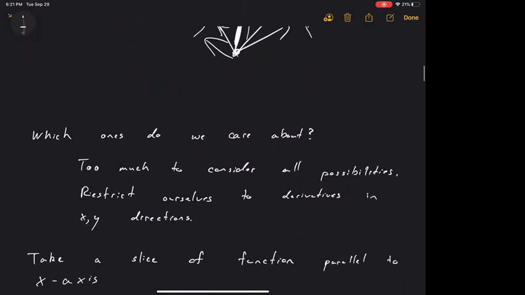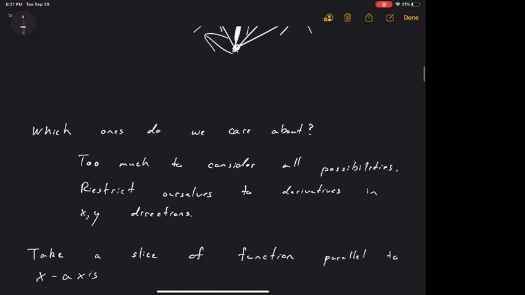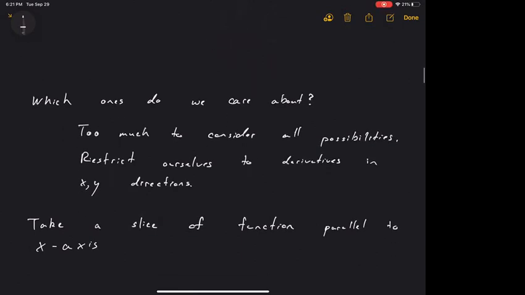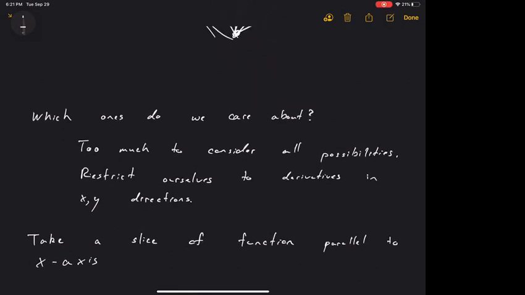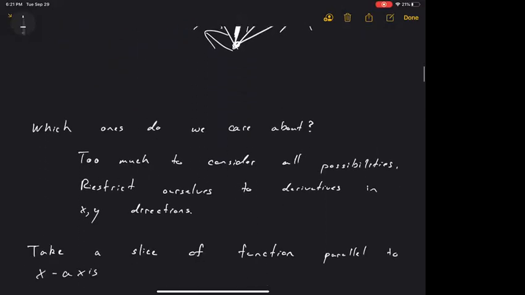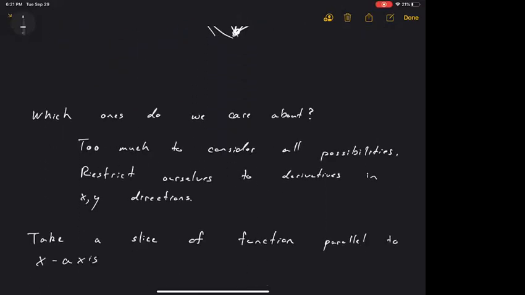Now, there's an infinite number of these tangent lines, I've said. Which ones do we care about? Do we need to consider every single one of the infinite number of tangent lines, or do we only care about a couple? And then once we figure out which ones we're concerned with, how do we actually compute them? Okay, so these are the big questions standing out so far.